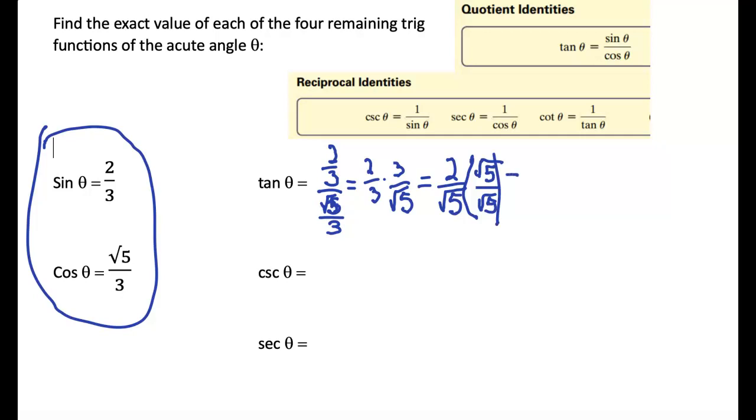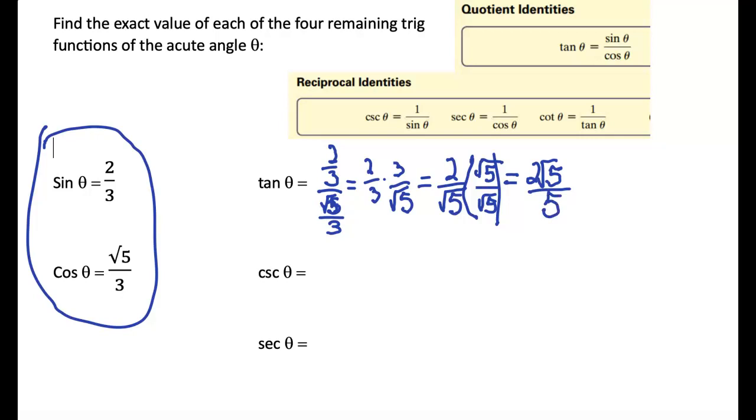And this is going to give us 2 square root of 5 over, and we know the square root of 5 times square root of 5 is square root of 25, which is just plain old 5. So now we have a rational number for the denominator. So that's how we determine tangent.